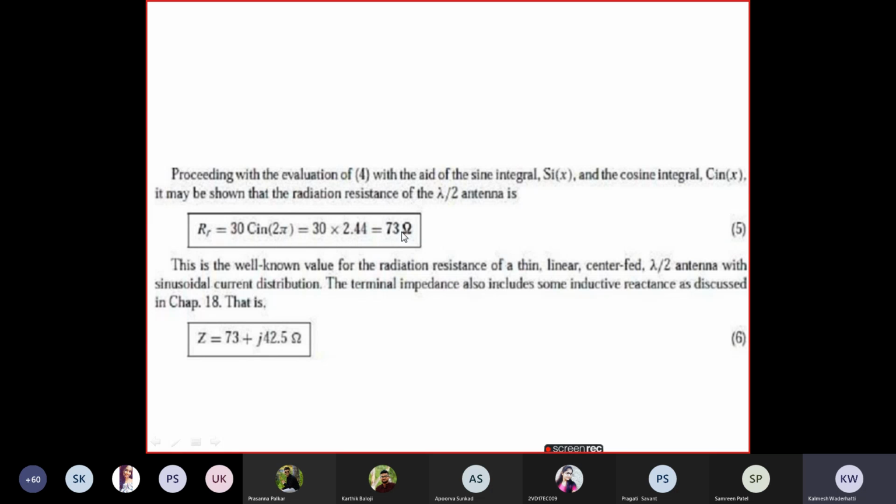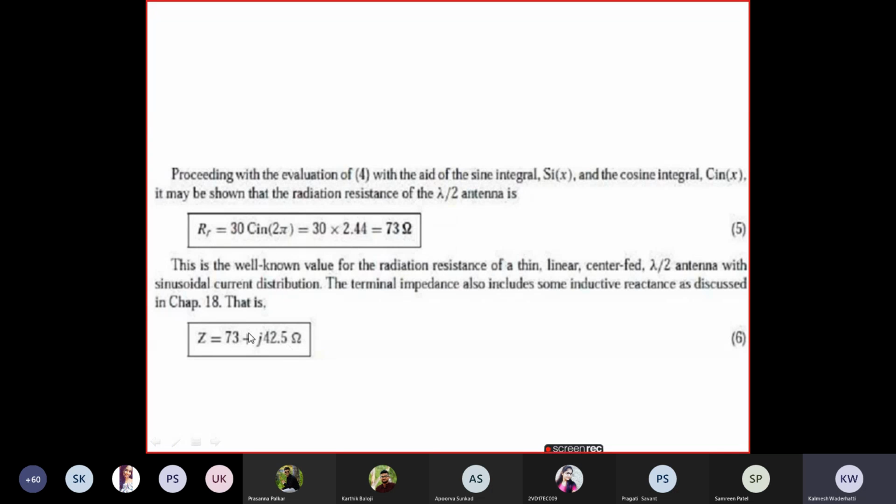It will be approximated, and you will get the value of 73 ohm. But the radiation resistance of the thin linear antenna with the sinusoidal current distribution, with respect to the reactance, will be 73 plus j 42.5.